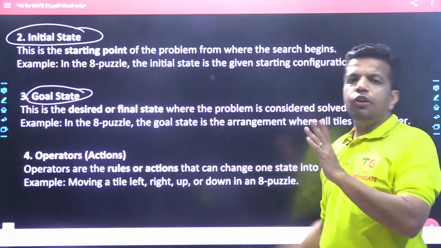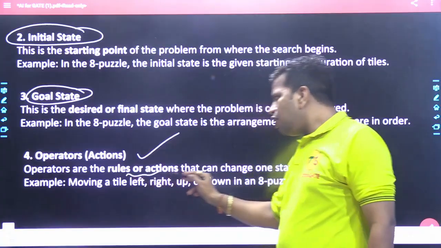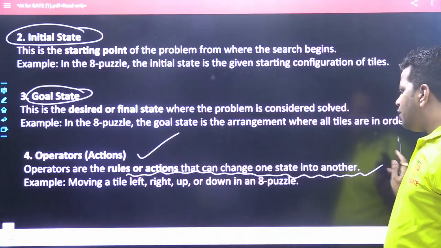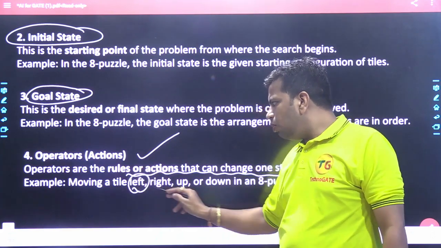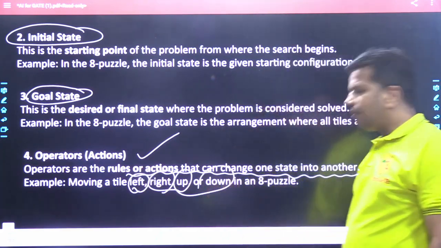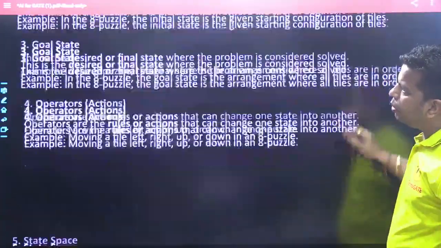Okay, and we need to achieve that particular goal state. Now there are certain operations. Operations are rules or actions that change one state to another. Like for the 8 puzzle problem, the tile can move left, right, up and down. We can do these 4 things. So these are the operations.